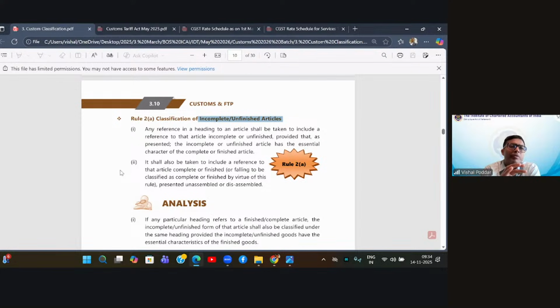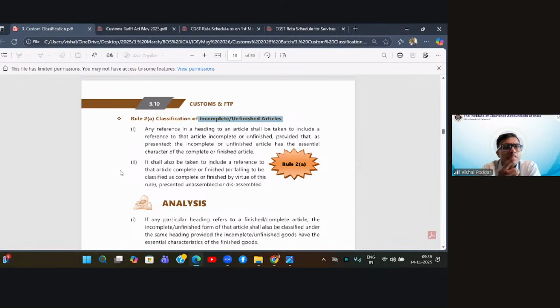The only thing is that he has kept it unfinished, incomplete for ease of transportation. So rule 2A says that when any article is sent by the manufacturer in unfinished, incomplete, disassembled form, you will treat it as the main product and classify it in the chapter of the main product only.